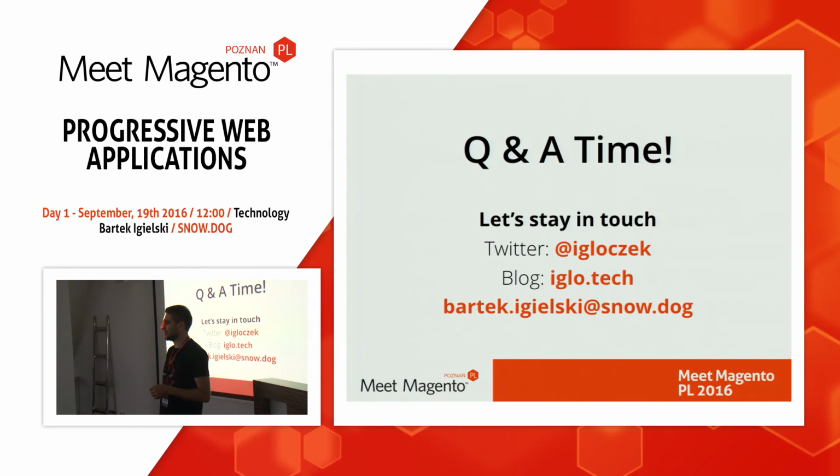Okay, that's all. One question more. Do you have any ideas how to implement this in Magento? Are there any extensions already? To be honest, to get the best experience of implementing this, the app should follow the app shell model.